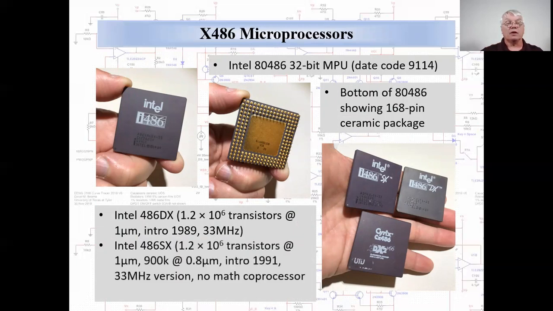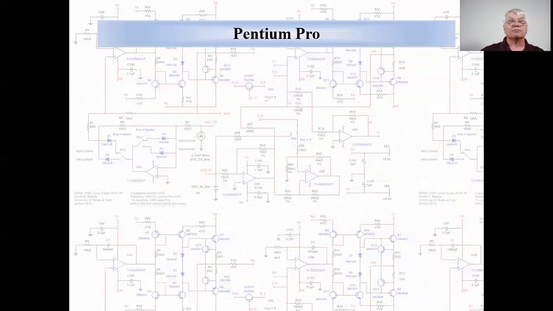We have the Intel 486SX, which had 900,000 transistors of 0.8 micrometers, introduced in 1991. And lastly, we have a Cyrix CX486, which ran at a clock speed of 66 megahertz.